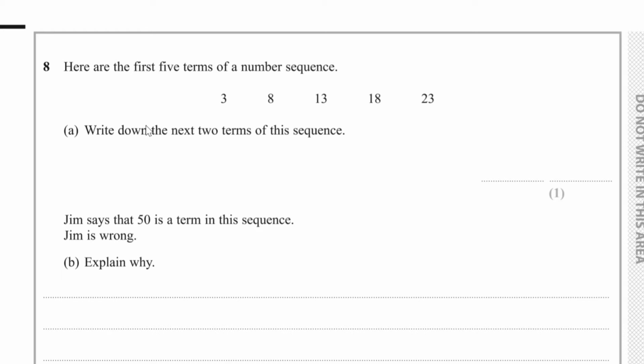Question number 8. Here are the first 5 terms of a number sequence. We've got 3, 8, 13, 18 and 23. And what we have to do for part A is write down the next 2 terms of the sequence. Well, do you notice each time to go from one term to the next, we add 5.